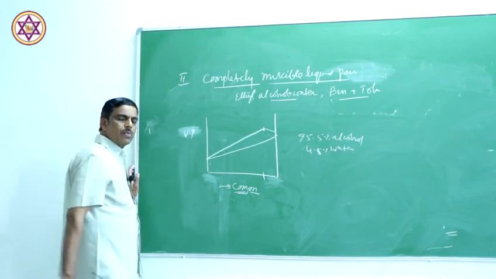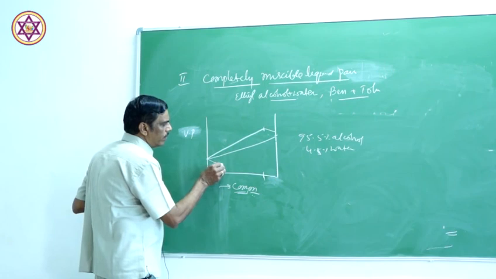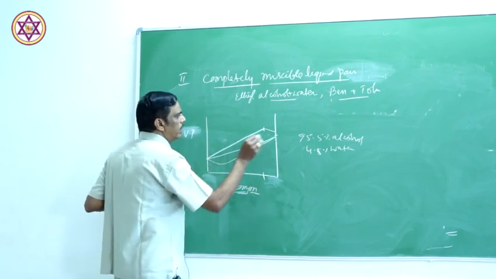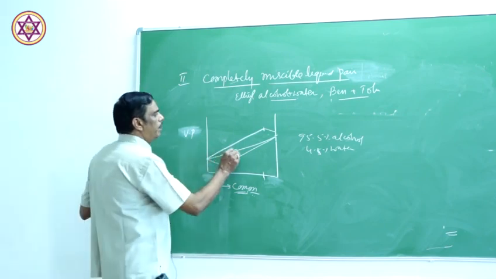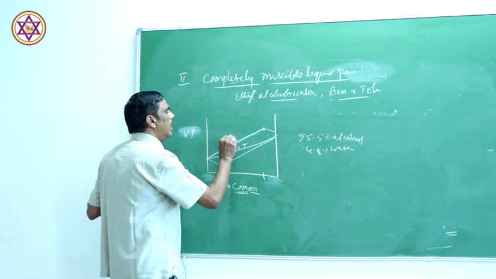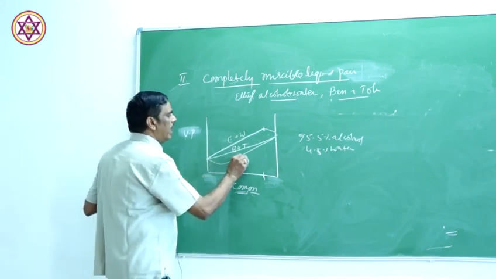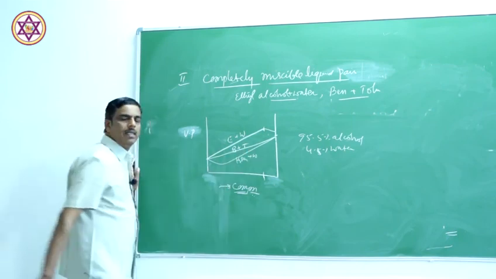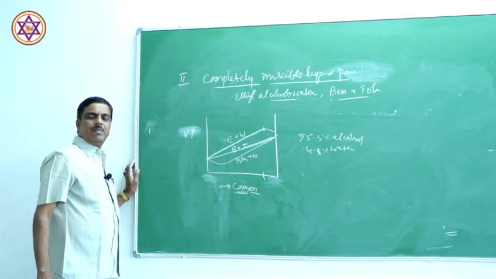Similarly, if you take the mixture of sulfuric acid and water, there is negative deviation from Raoult's law. This is the shape of curves obtained. This is for benzene and toluene. This is for ethyl alcohol and water. And this is for sulfuric acid and water. In case of benzene and toluene, they show ideal behavior, ideality.